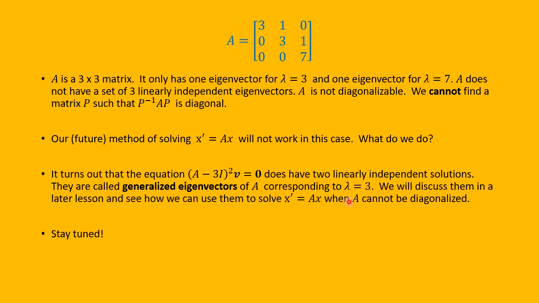We will discuss them in a later lesson and see how we can use those to solve this equation x prime equals A times x when A cannot be diagonalized. So stay tuned for further details on that method of solving x prime equals Ax.